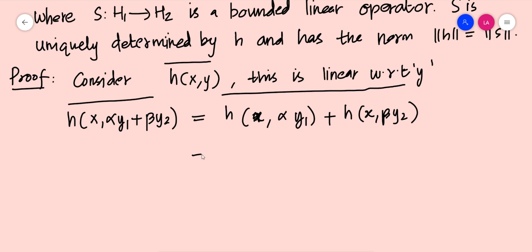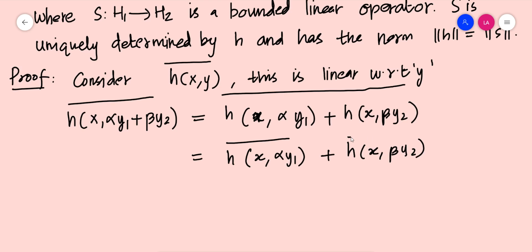Since the conjugate of a plus b is a conjugate plus b conjugate, this is the conjugate of h of x, alpha y1 plus the conjugate of h of x, beta y2. Since h is sesquilinear, from the second part we can take alpha conjugate outside.